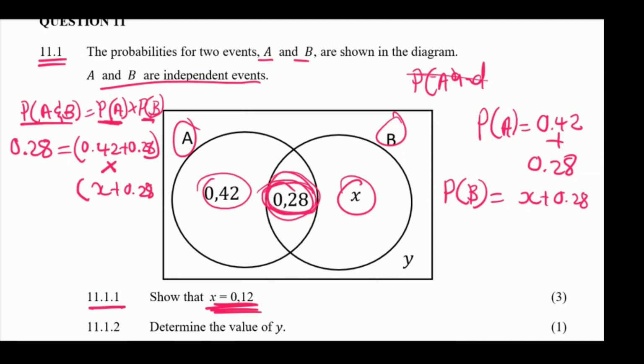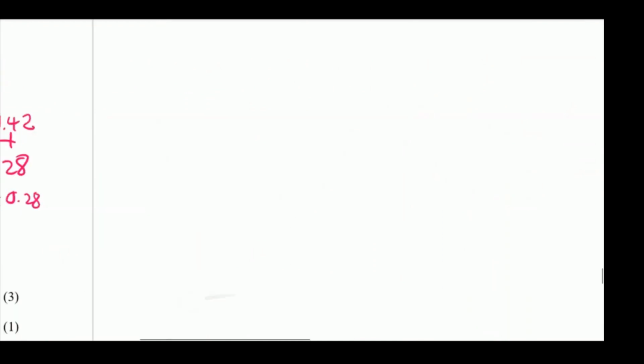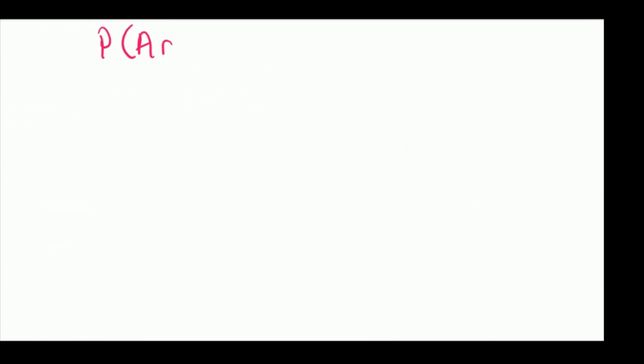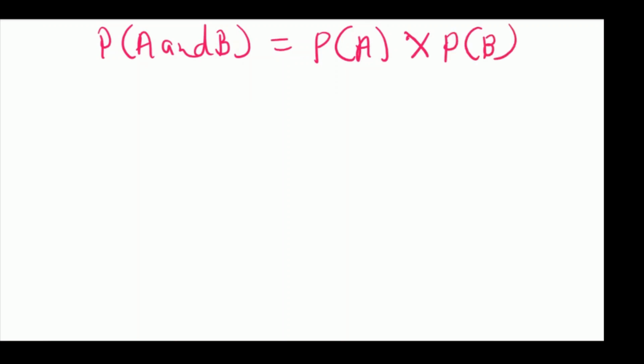So let me write this expression nicely at the side. We have the probability of A and B equals probability of A multiplied by probability of B, right? And we found probability of A and B is 0.28, so it's the intersection.